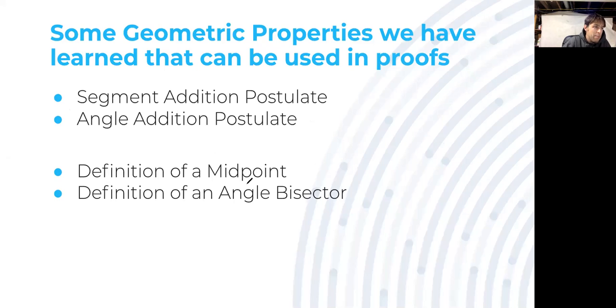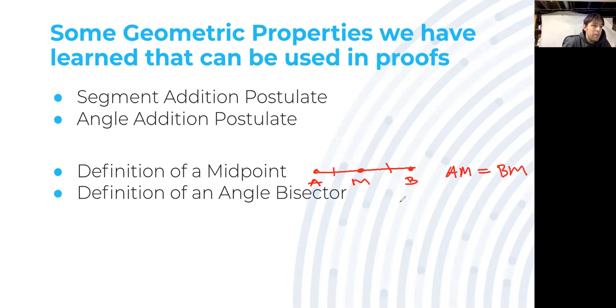What the definition of a midpoint is basically, if you have a midpoint, then the two parts are equal. So if this is our midpoint of this segment, the definition would say that AM is equal to BM. These two segments here and here are equal to each other. That's what the definition of a midpoint is.